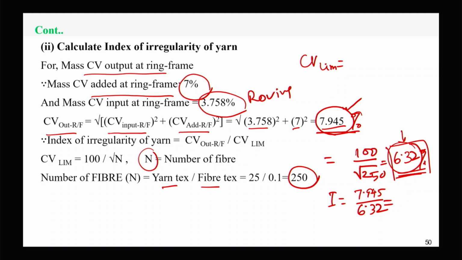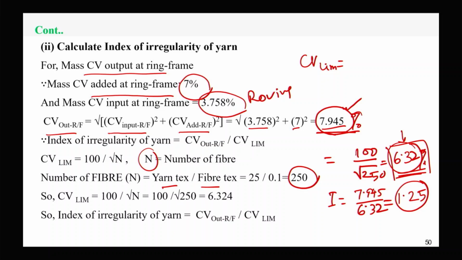This will become 1.25. So this way we can calculate the index of irregularity of yarn.